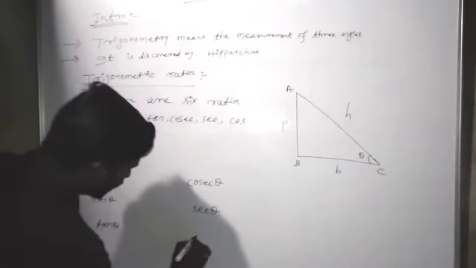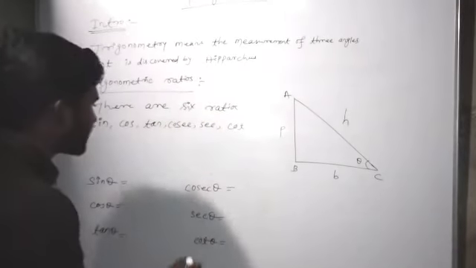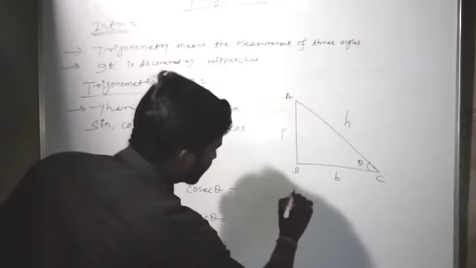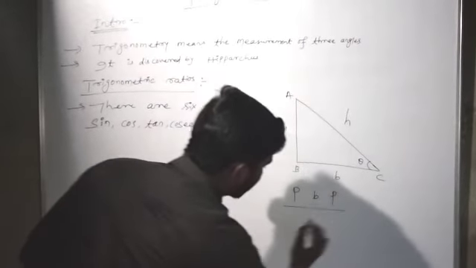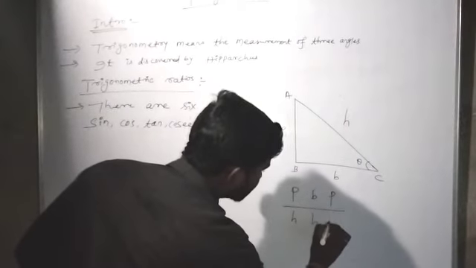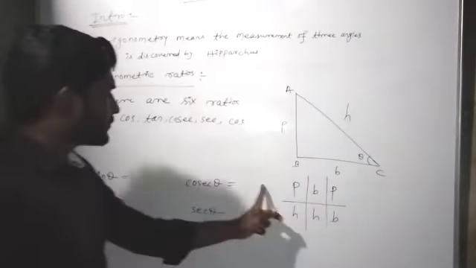So how to find out these ratios? To determine these ratios, we have to remember a trick, that is called P B P upon H H B. This is the simple trick.